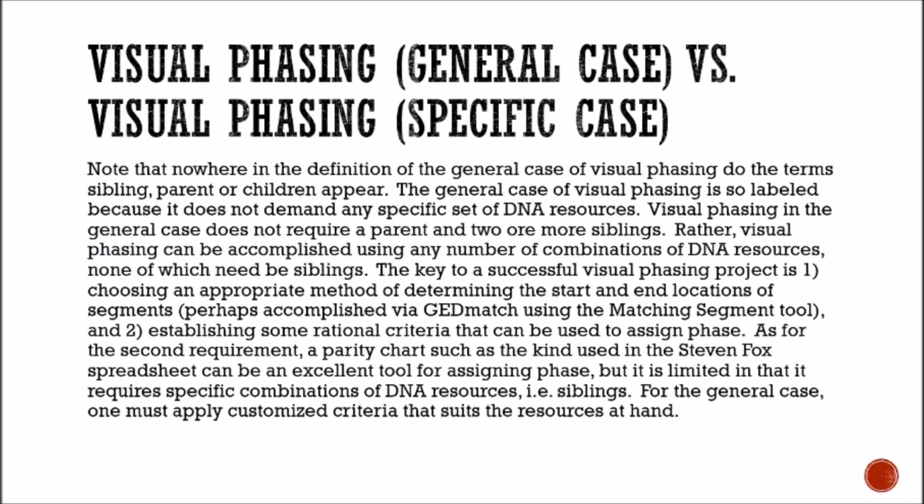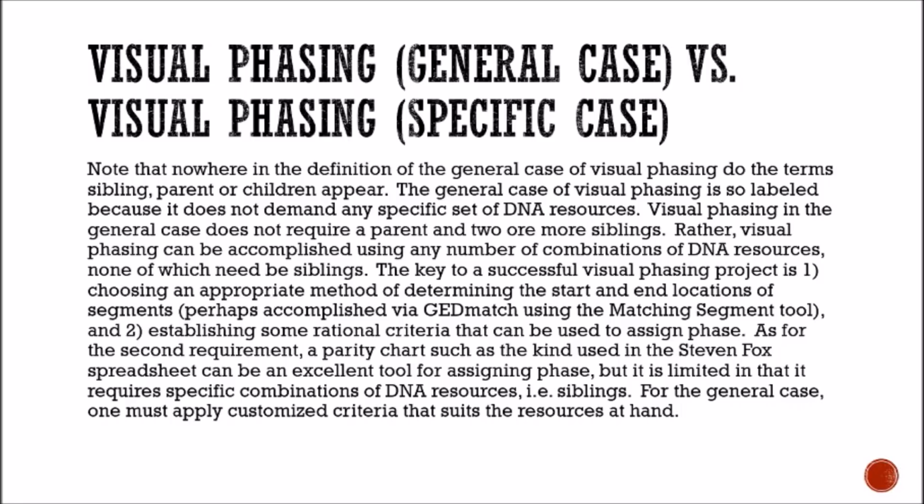The specific case is extremely useful, and the general case is more broad and may be more complicated, but also has a wider potential application in genetic genealogy. So it's important that you know that there is a general case in addition to the very, very important specific case that is the Steven Fox spreadsheet case.